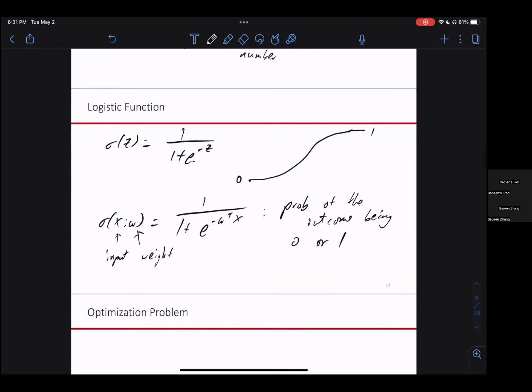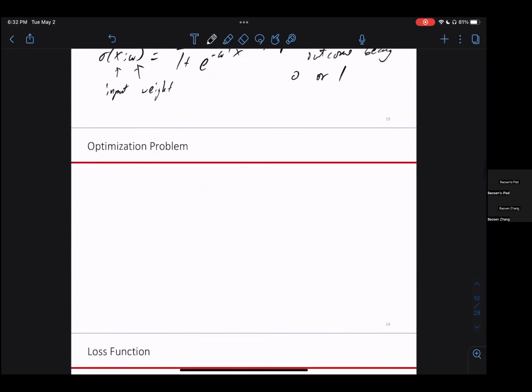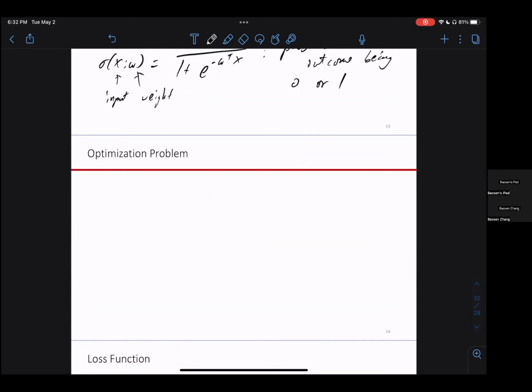All right, good. When you have an optimization problem, we're going to think of the probability of the output being 1. So we're going to think of binary data.